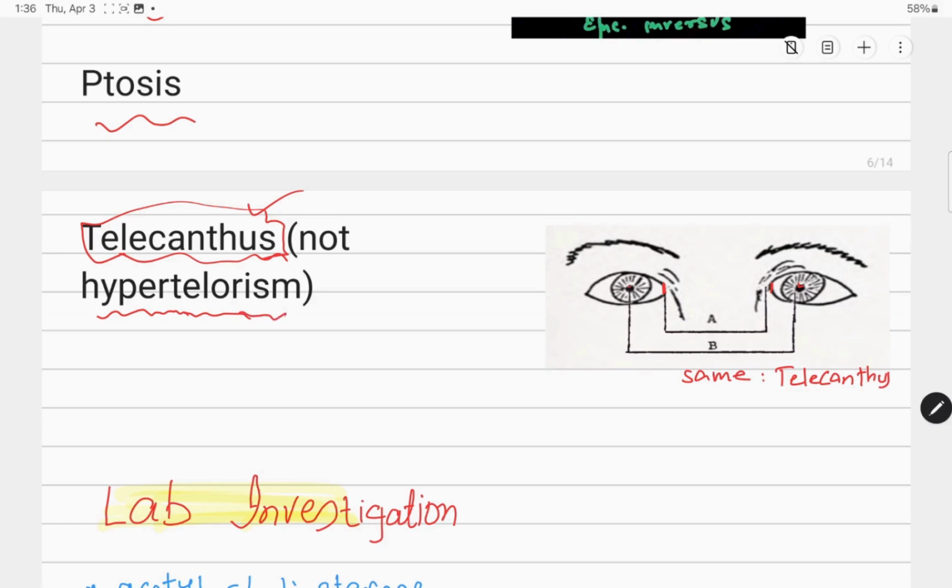But in case of hypertelorism, the interpupillary distance will not remain the same. Telecanthus occurs mainly due to a problem of connective tissue, but hypertelorism occurs due to a problem with the orbit. In that case, both of the orbits are far apart. So this is the basic difference between these two conditions, although in both conditions the distance between the medial canthi increases.